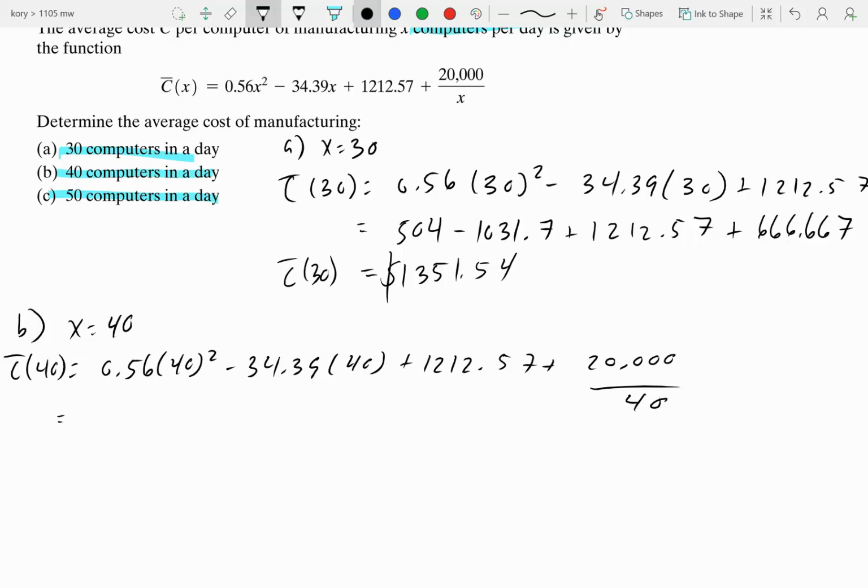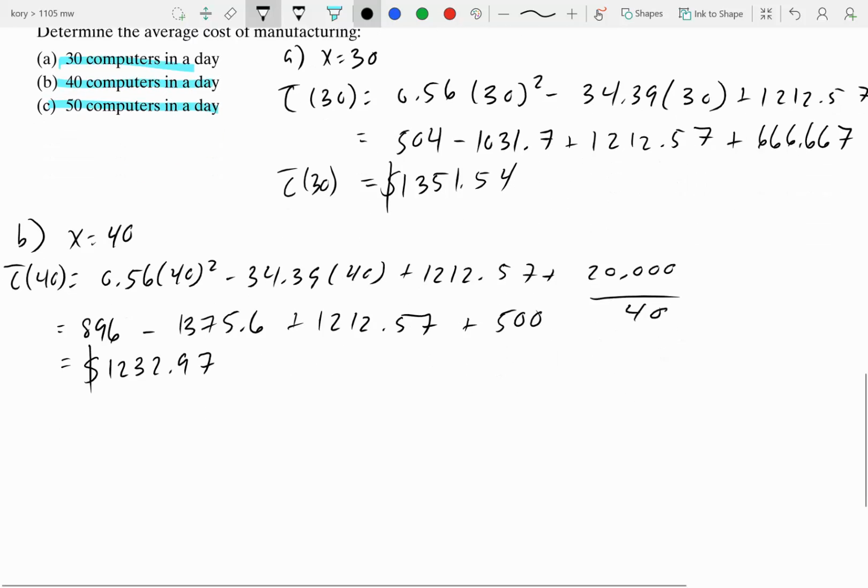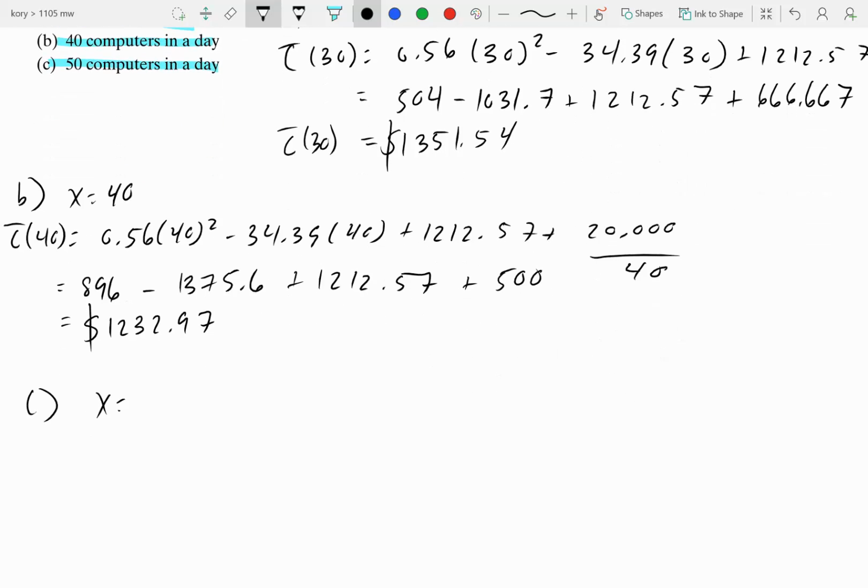Alright, so we do 40 squared times 0.56, that's 896, minus 1,375.6 plus the 1,212.57, and then plus 20,000 divided by 40 goes in perfectly to 500. And you just add them all up with your calculator, and we get $1,232.97.